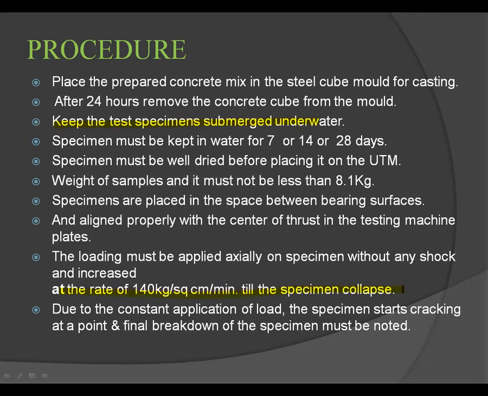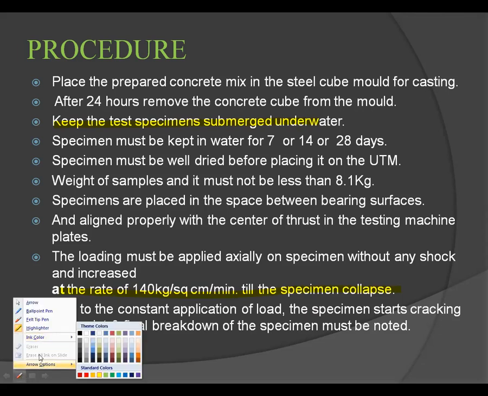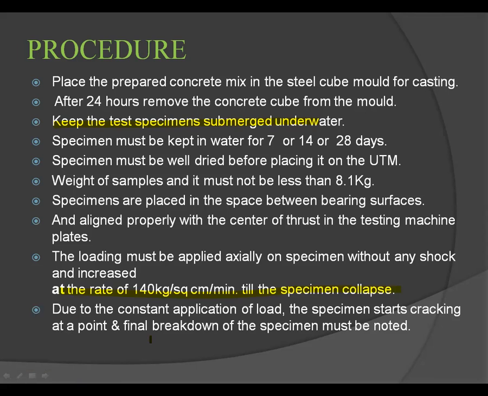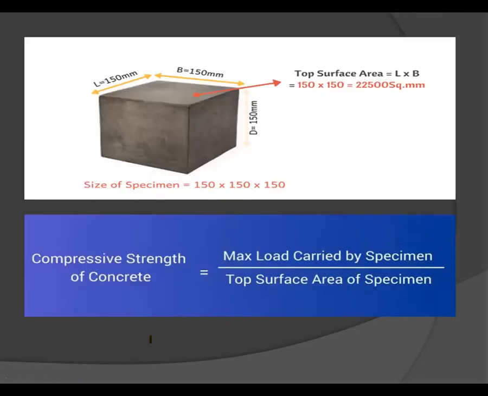Due to the constant application of load, the specimen starts cracking at a point, and the final breaking load of the specimen must be noted. Then we find the compressive strength.